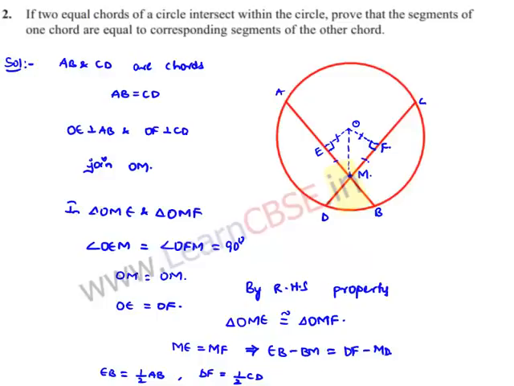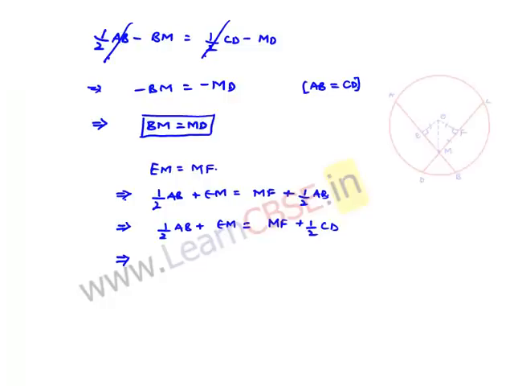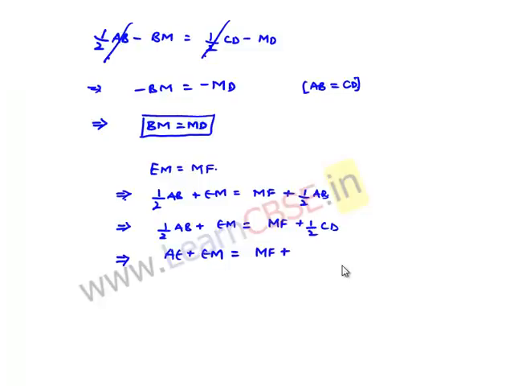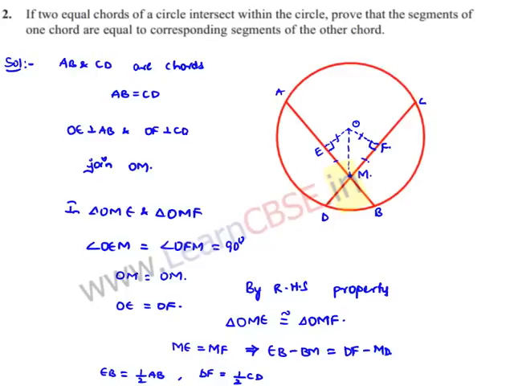Here instead of half AB we can write AE, since AE is equal to half AB, so AE plus EM is equal to MF plus half CD, which is FC. Now from the figure we get AE plus EM is equal to AM and MF plus FC is CM.